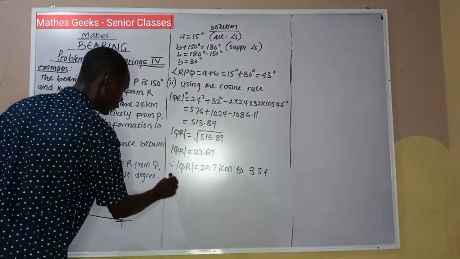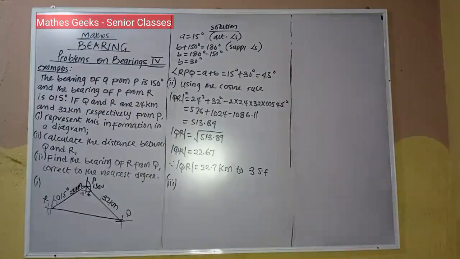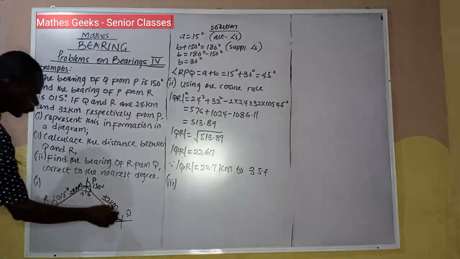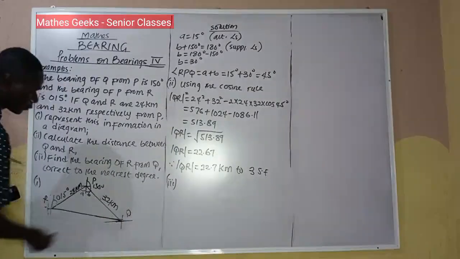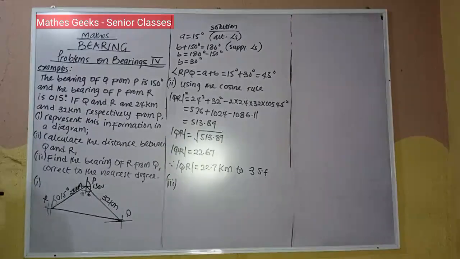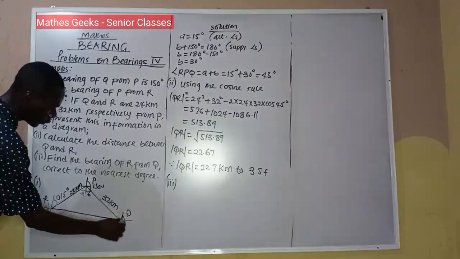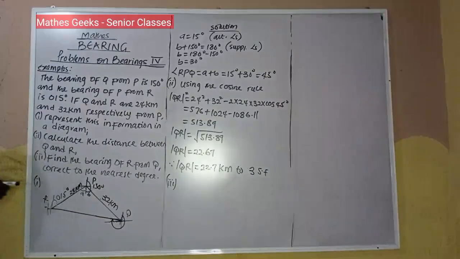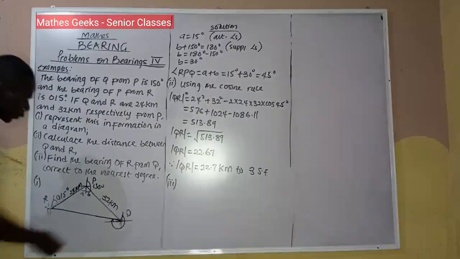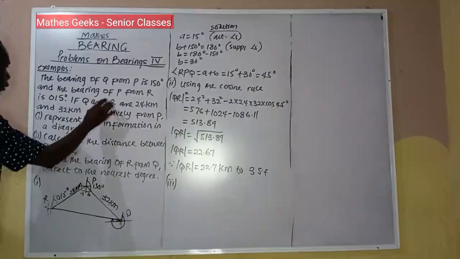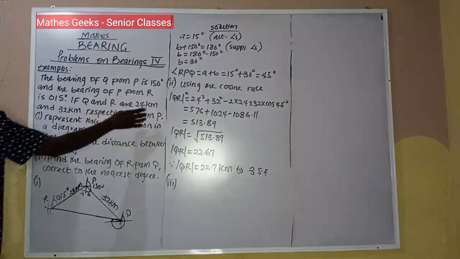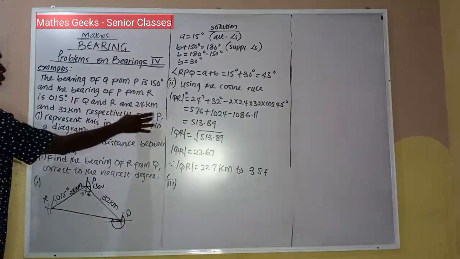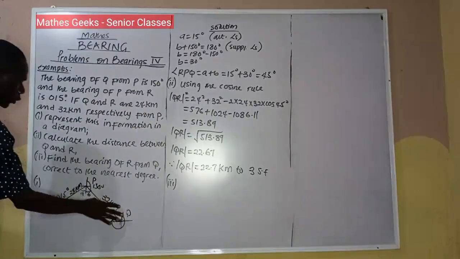Let's look at Roman figure 3. Find the bearing of R from Q. So from Q, what do you think we have here? So from Q, the line is like this. Okay, I need to make a little adjustment. Q and R are 24 kilometers and 32 kilometers respectively from P, so this tells us that QP is 32 kilometers.